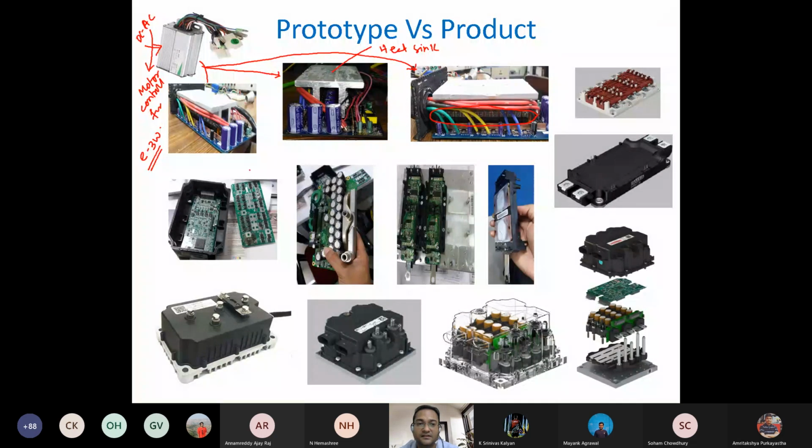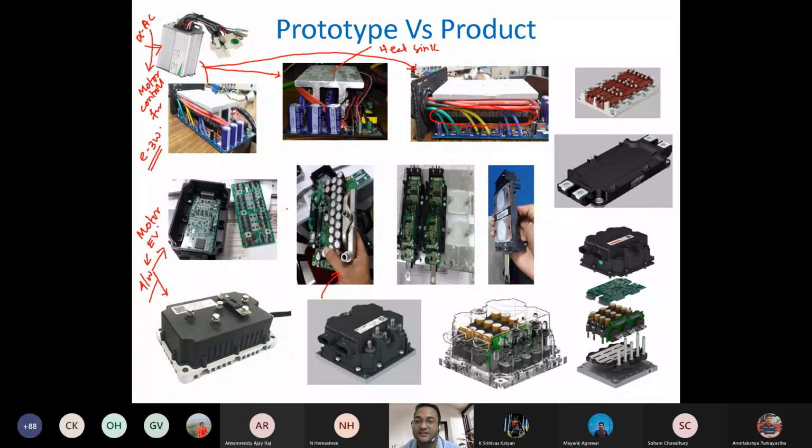And this one is a motor controller for an electric four-wheeler vehicle. It is a famous company. Due to some legal issues, I cannot disclose it. But you can see this picture was taken by me only. You can see this is my hand, so I'm not allowed to disclose it.